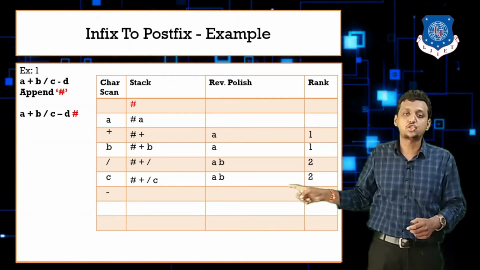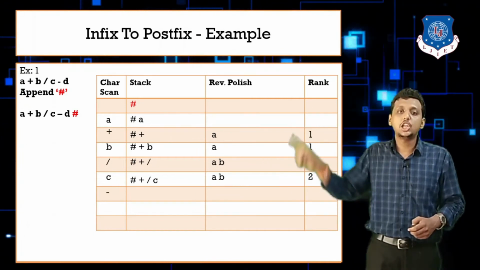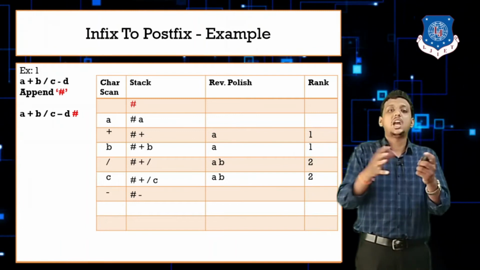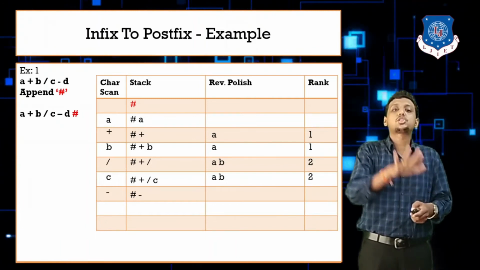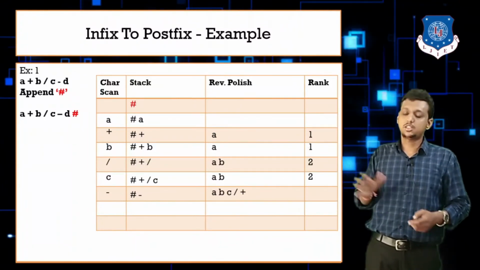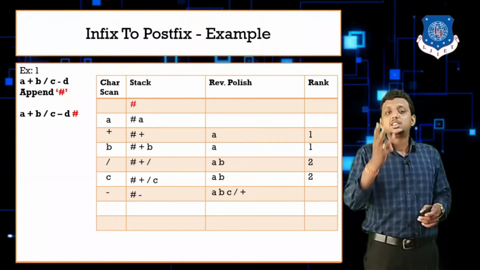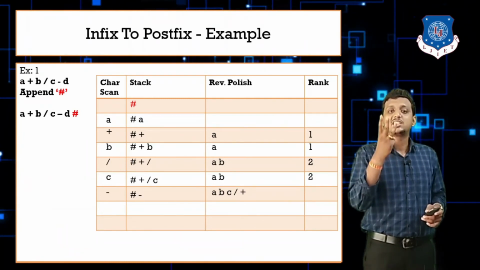It is appended to the reverse polish string, and my output will be A, B, C division plus. In the stack we have nothing, so lastly push minus there. A, B, C are 3 operands, that means the rank is 3.